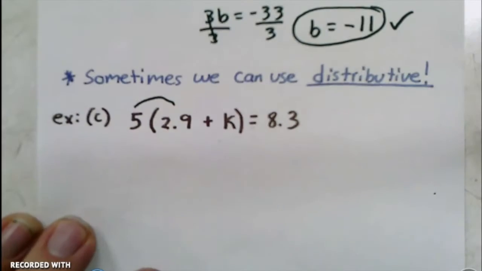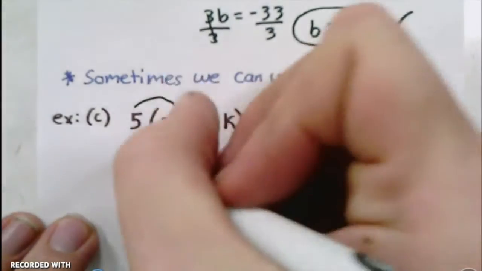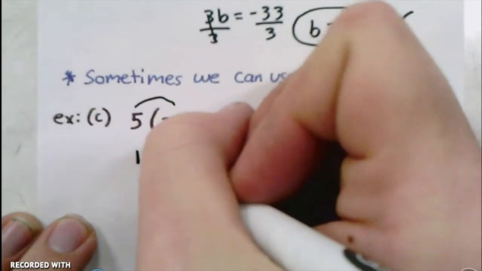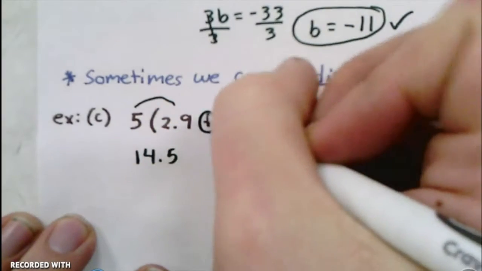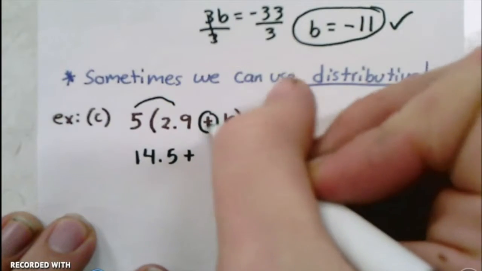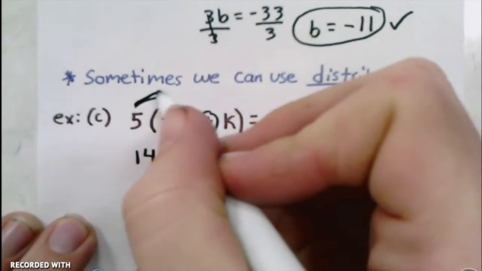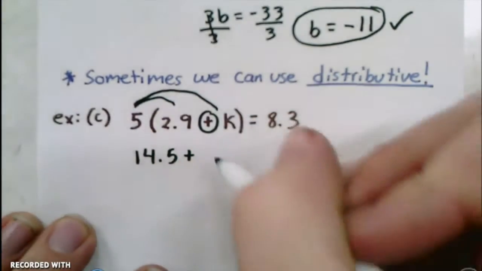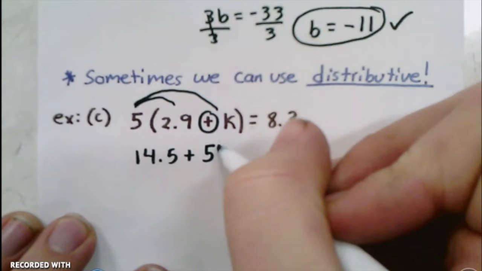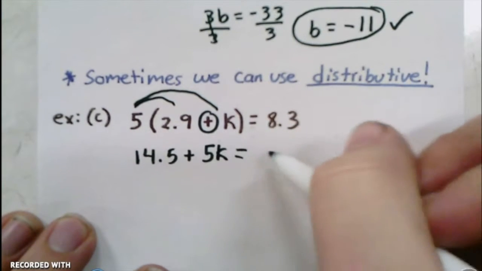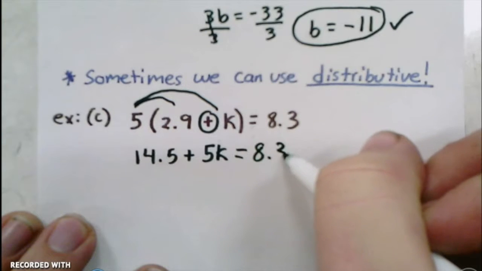So 5 times 2.9 is 14.5. And then I'm going to bring the sign in the middle down, and then I'm going to multiply 5 times k. And we write that by just writing 5k equals 8.3.